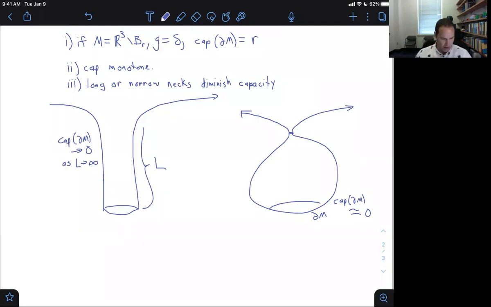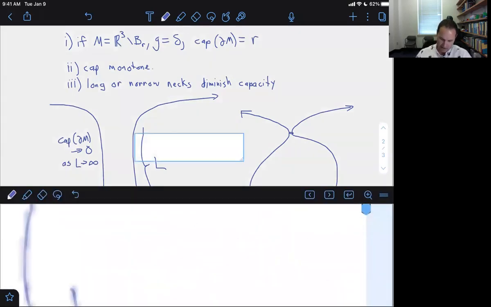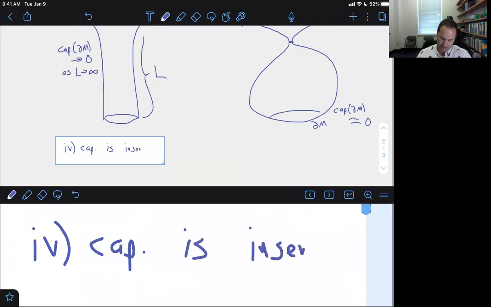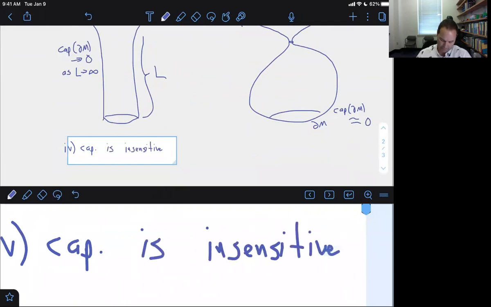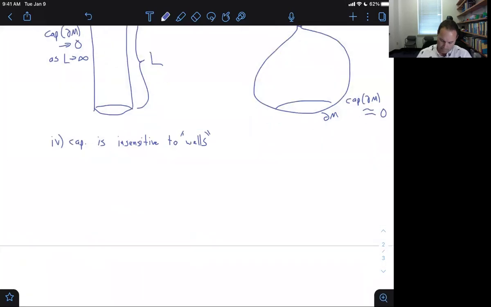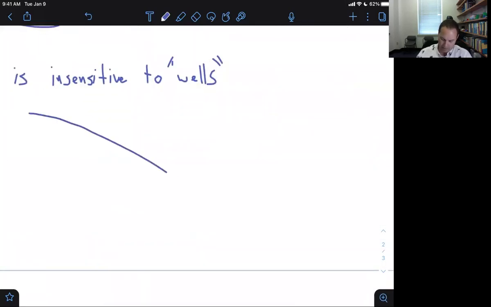Okay, actually a couple other quick things to help understand the capacity. One of them is that the capacity is insensitive to wells. So what I mean by that is if you have some extension of some Bartnik boundary data, you're going to have some capacity there.